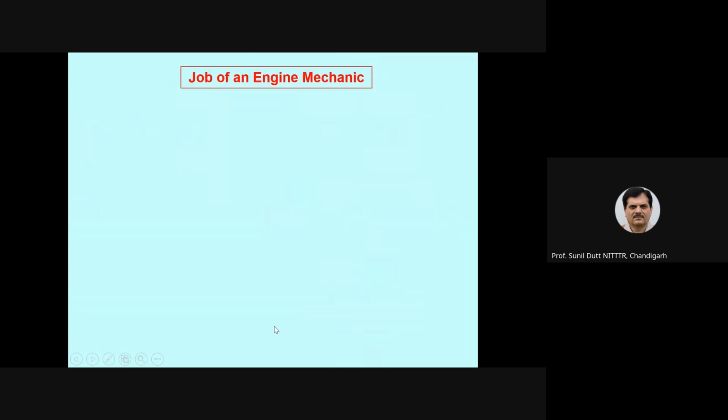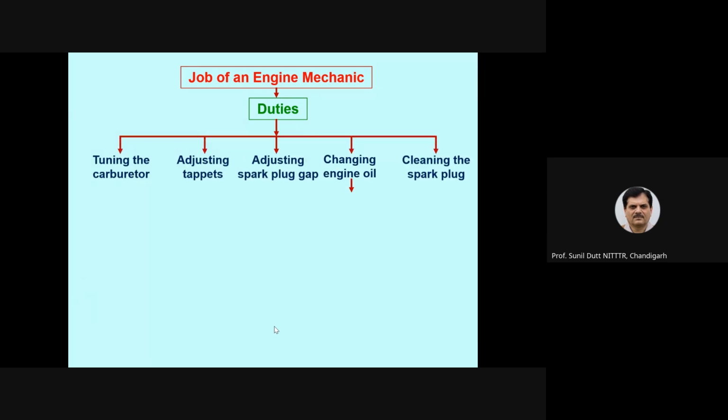Let me take one example. Say, the job of an engine mechanic. This is a job. Let us divide the job of an engine mechanic into its various duties: tuning the carburetor, adjusting the tappets, adjusting spark plug gap, changing engine oil, cleaning the spark plug.